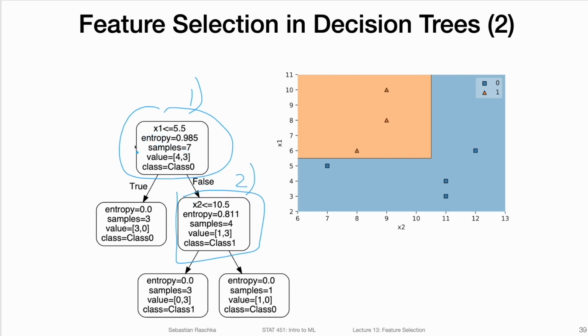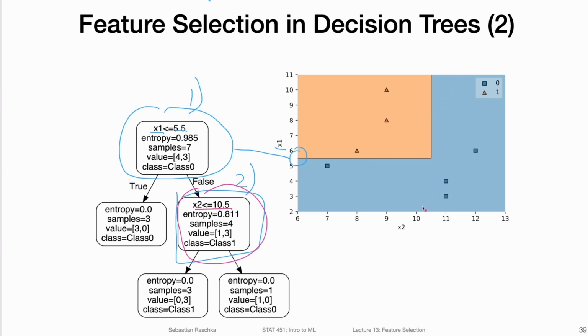So here, this is the bare bones scikit-learn representation of a decision tree. You can see first, it uses x1 to make a split. And in particular, it says 5.5 is the cutoff here. This is our first split. And then we have the second split, and if we look at this, we have x2 smaller or equal to 10.5.